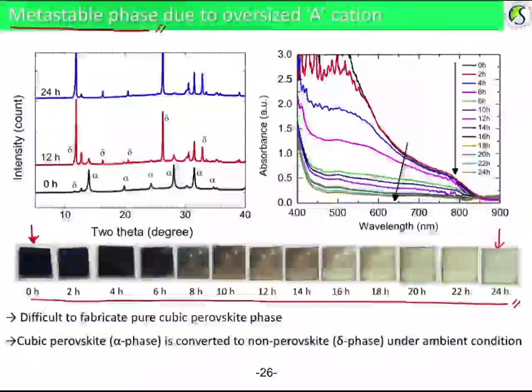So you can see that as time goes by, the absorption property of the film severely degraded because of the phase conversion. And also from XRD, we can see that the peaks originating from the hexagonal phase appear as time goes by.